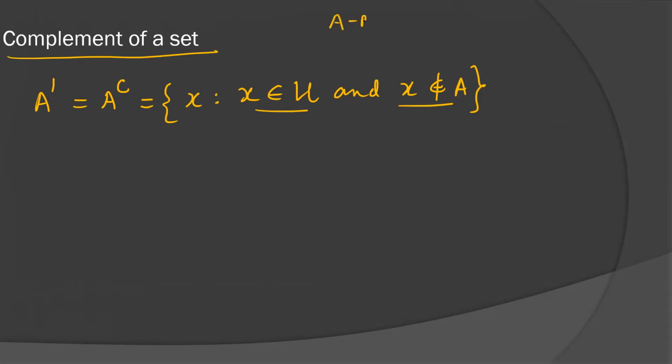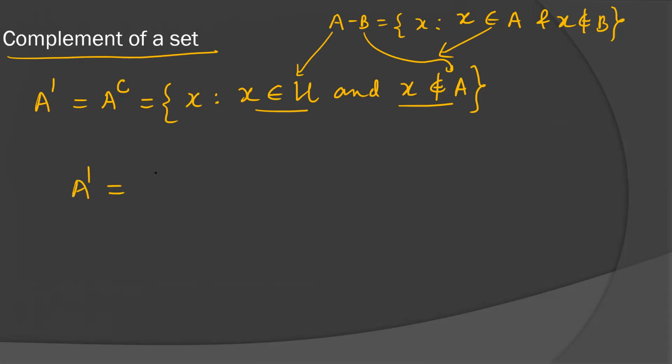I told you A minus B is the collection of all x where x belongs to A and x does not belong to B. Match this definition: here the universal set plays the role of A, and A plays the role of B.